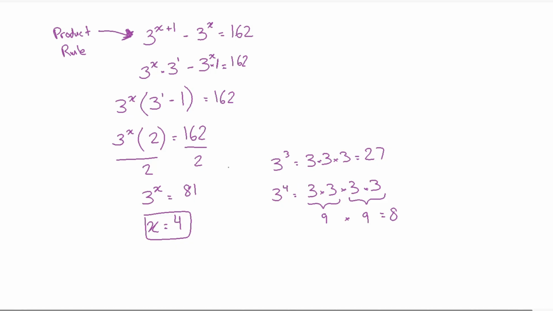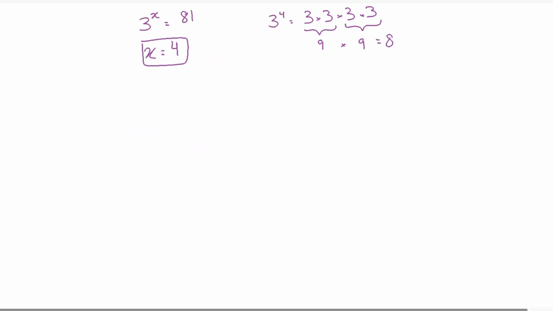All right, let's do another one. We have 2 to the x plus 1 plus 2 to the x equals 48. And this is the same idea. So, well, what is 2 to the x plus 1? Well, using the product rule, we can say that 2 to the x plus 1 is the same as 2 to the x times 2 to the 1.